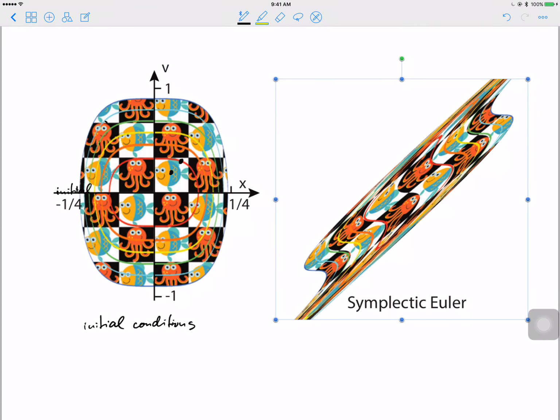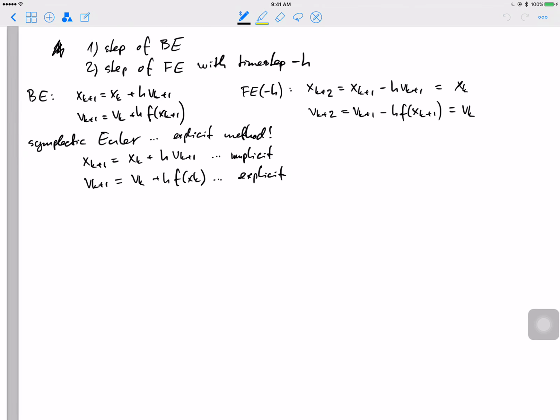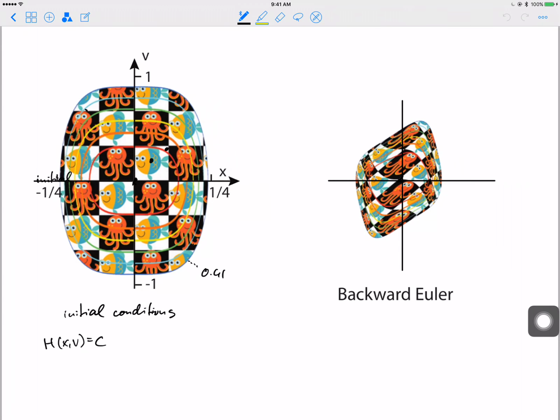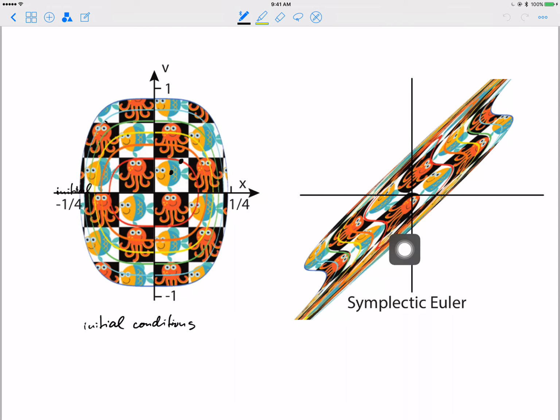So that's what it did. Again, you can imagine that this is the origin, and it has to go through it. So this is what the symplectic Euler does. You can notice that the areas indeed look like they are conserved. We discussed before that the key property of symplecticity is conserving the areas, just like the ground truth solution. This is the accurate solution. The areas of each of the small animal figures were preserved. Guess what? They are preserved here too.